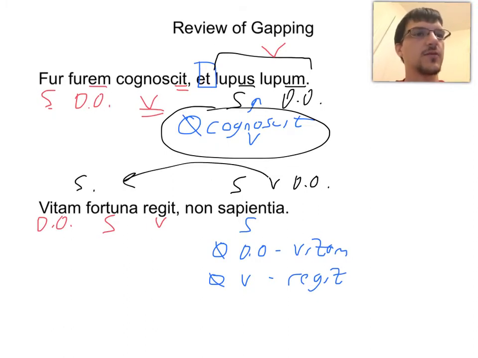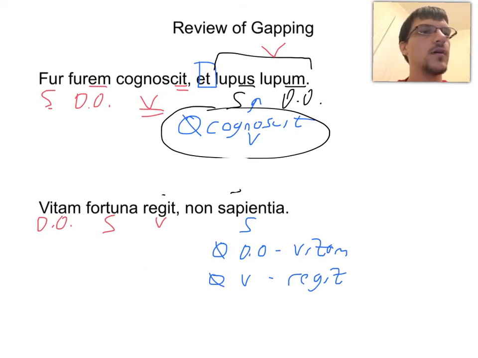We can gap backwards. That is possible. All right. In English, that doesn't really happen as much, but in Latin, that's just as common. Okay, so just be aware it can go both ways. It can go backwards and forwards in Latin.